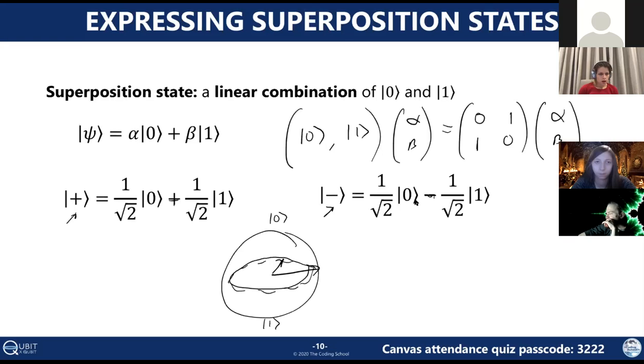Aren't plus and minus 180 degrees from each other? Minus is e to the i pi, which is -1. So yes, it's 180. You're right.